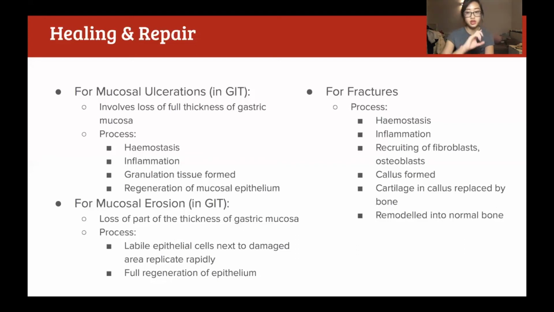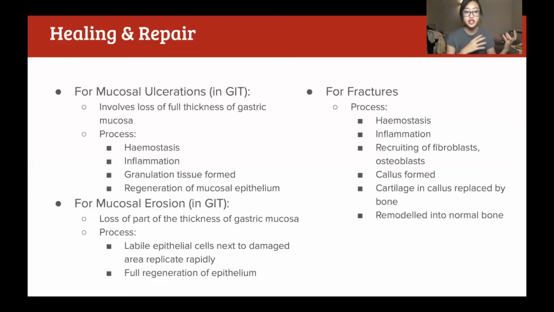Well, okay, and also before I go on too long on that, we have mucosal erosions in the gastrointestinal tract. This is a partial thickness loss of gastric mucosa. So basically what happens is that the labile epithelial cells next to the damaged area are able to replicate rapidly because, as I said earlier, everything here is replicating really fast.